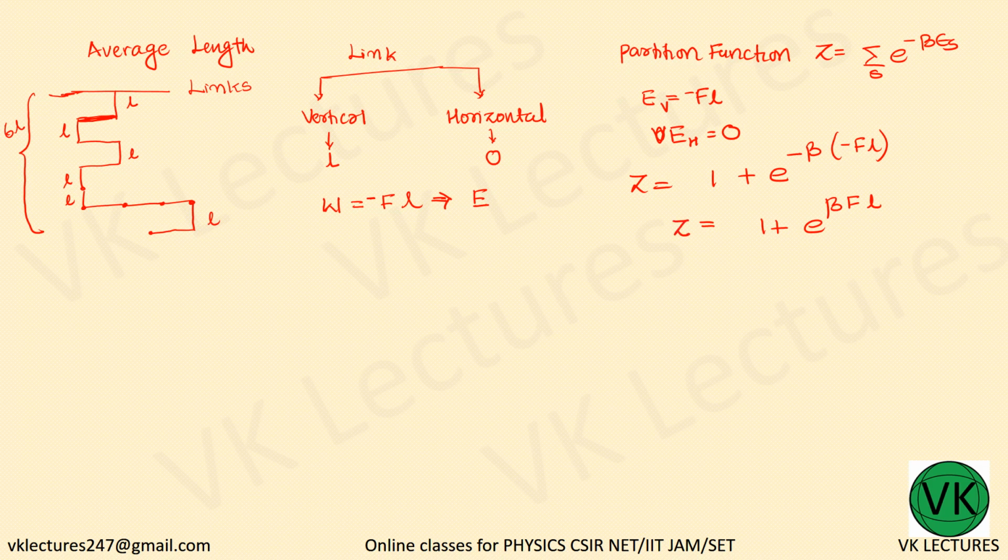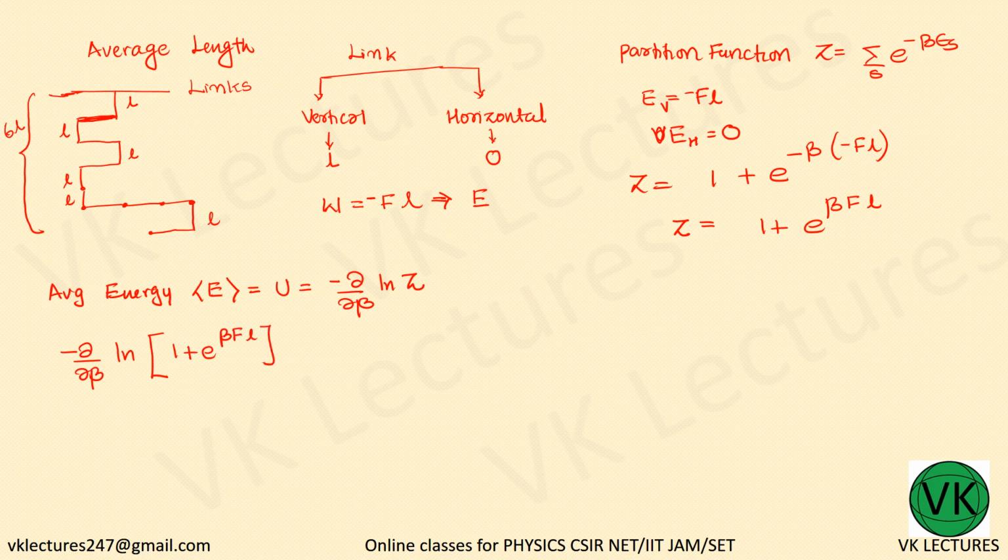Now we have the average energy, which is given by the expectation of E, equal to U, equal to minus dou by dou beta log Z. So minus dou by dou beta log of 1 plus e to the power beta FL.